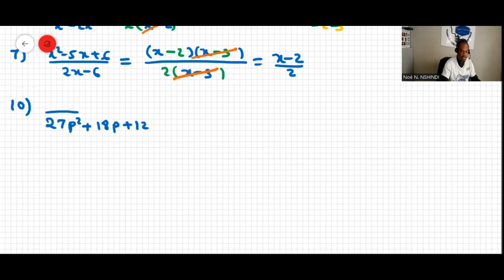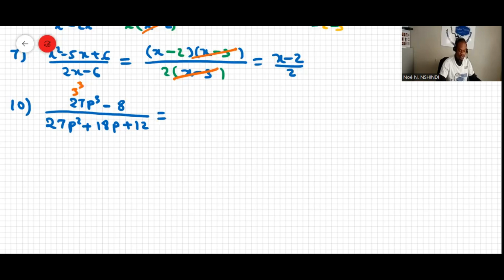Now, to simplify this, when we look at the numerator, we have a difference of cubes, because 27 is the same thing as 3 cubed.